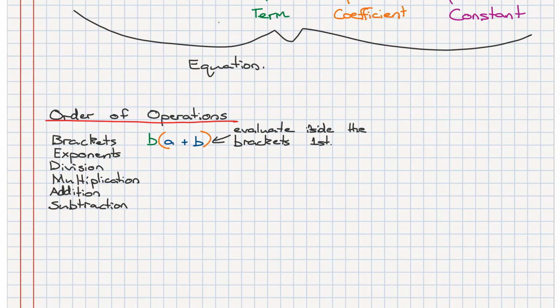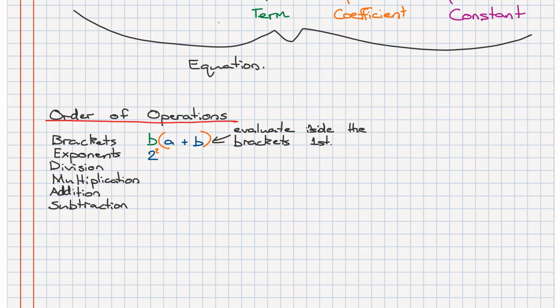Now the next one is exponents. So this might be new for a number of you guys. In the past, rather than having BEDMAS, you may have been working to something called BODMAS, and you'd say brackets, of, division. In high school, we say BEDMAS: brackets, exponents, division. So imagine that we've got something like 2 to the power of 2.